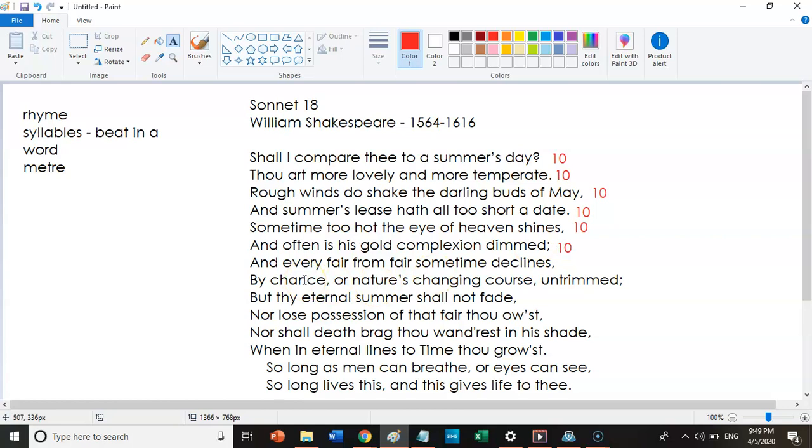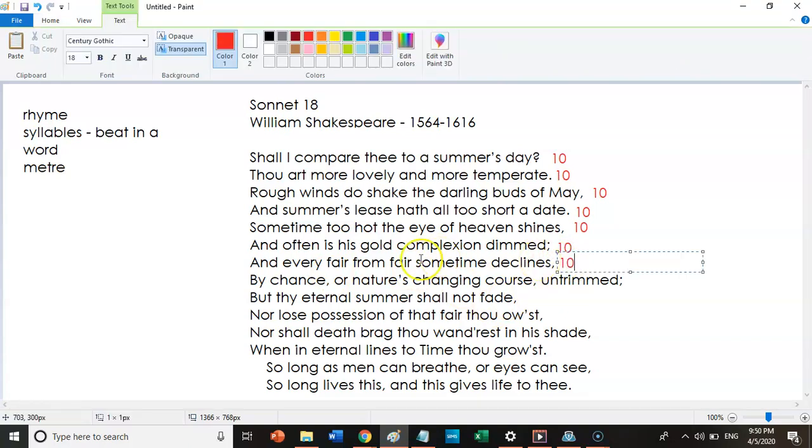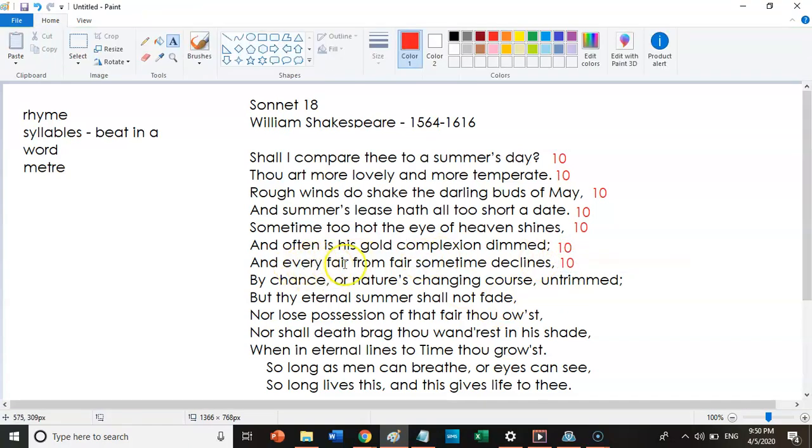And every fair from fair sometime declines. 10 syllables once again. Notice that every is 2, not 3, although you could perhaps pronounce it with 3, but it doesn't sound very natural. Every.